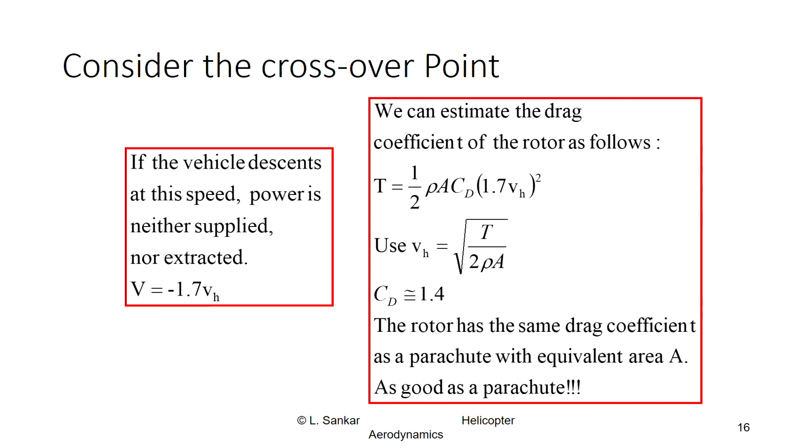So the rotor acts like an equivalent parachute. So a rotor in vertical descent during the windmill brake state is as good as a parachute. This is why the pilots are able to safely vertically descend, survive, and live to tell the story.